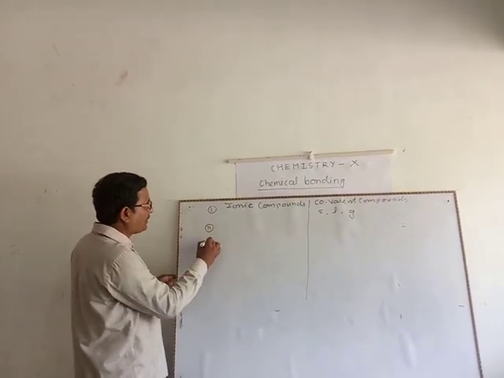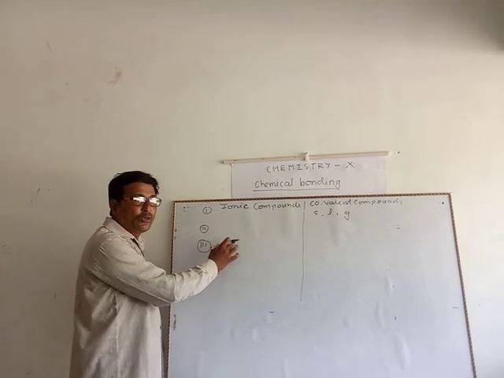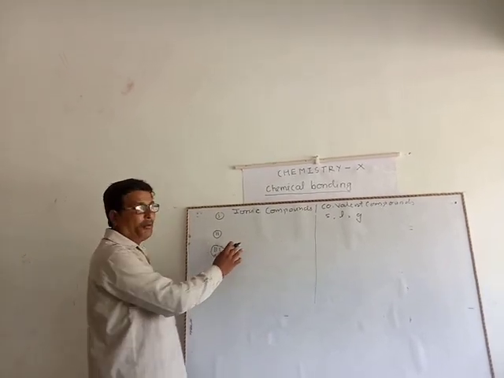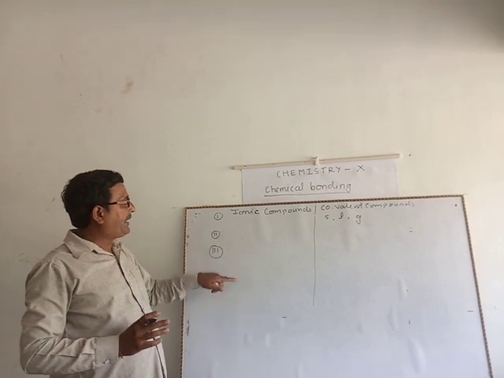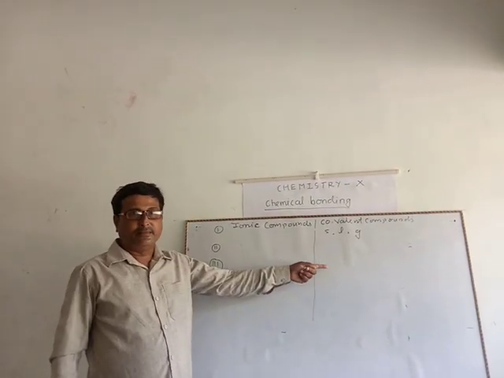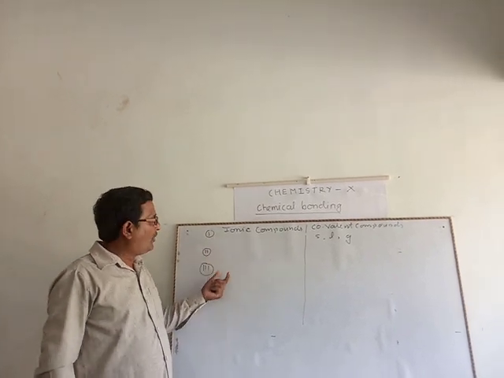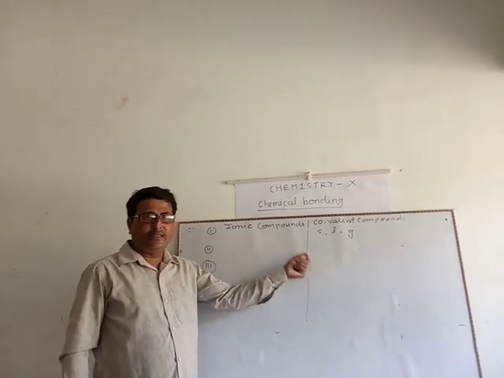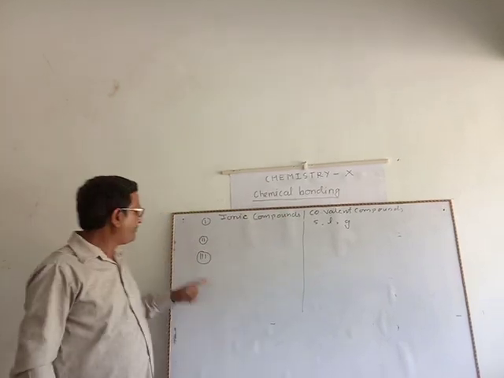Ionic compounds are good conductors in aqueous solution or molten state, whereas covalent compounds are bad conductors. Only polar covalent compounds are slightly, meaning weakly, electrolytic.